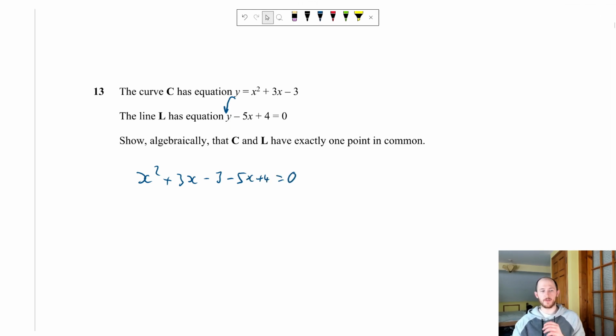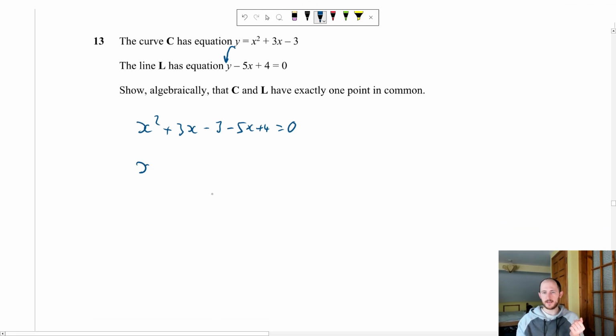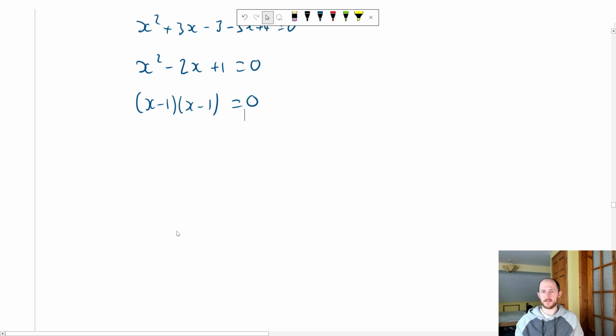And now all we need to do is solve the quadratic. So x squared here minus 2x, and then plus 1 equals 0. If I factorize this, the two numbers are going to be minus 1 and minus 1, equals 0. So that means the only coordinate is at x equals 1.